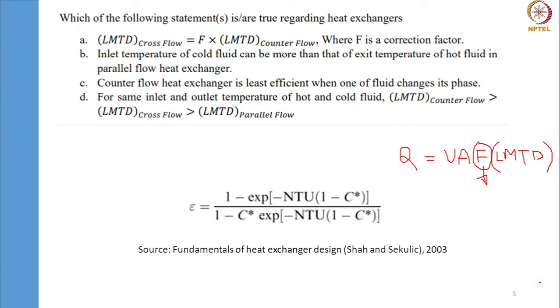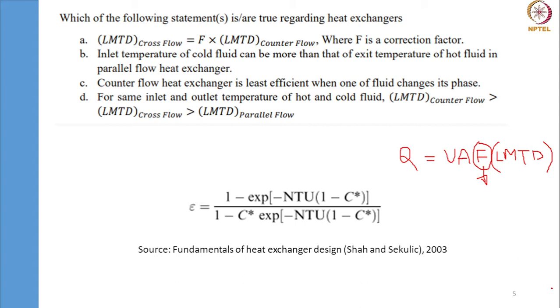For cross flow heat exchanger, it becomes UA into some correction factor times LMTD. So the first statement, which says the cross flow heat exchanger LMTD is some correction factor times counter flow, is correct. The second statement, the inlet temperature of cold fluid can be more than the exit temperature of the hot fluid: no, this can't be correct in any heat exchanger, because if the cold fluid temperature were to be greater than the exit temperature of the hot fluid, in the case of parallel flow, there will be crossovers. So it can't happen.